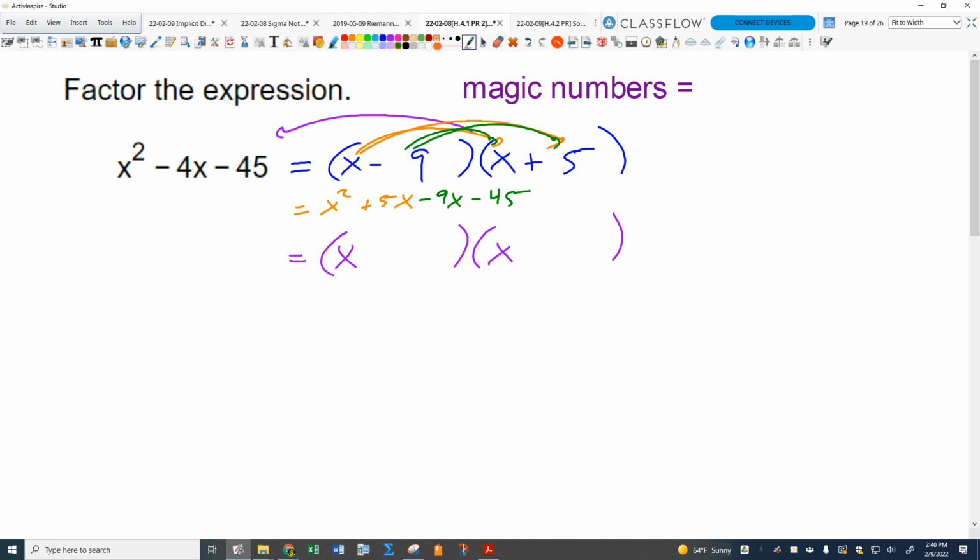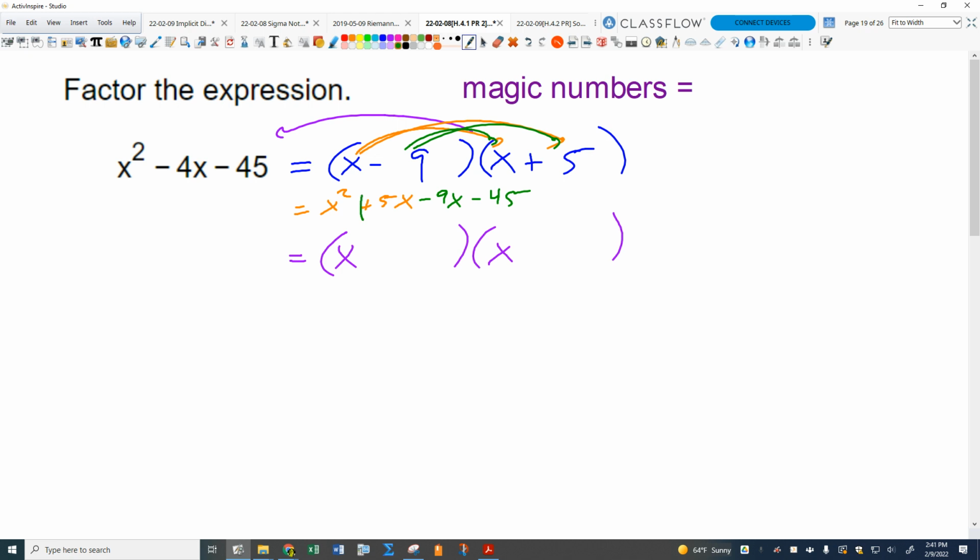Okay, but notice that the x squared was determined by just that very first distribution. I didn't have to add any like terms or anything to know that I was going to get an x squared out of this, did I? Just like I knew that the constant I was going to get was going to be provided when I multiplied this constant times that constant.